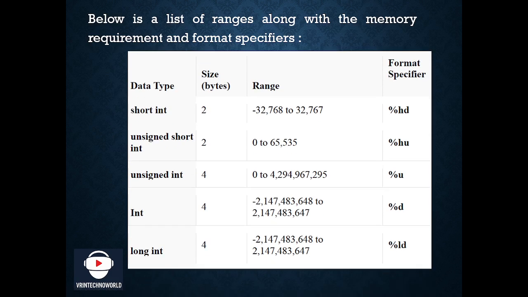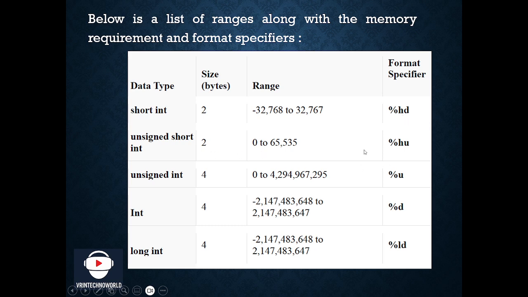Now the list of ranges along with the memory requirements and the format specifiers of the different data types. So the first one, that is short int. If you are using short int in your program, then as you could see, the size would be 2 bytes. Unsigned short int is always having 2 bytes, but the format specifier is %hd.